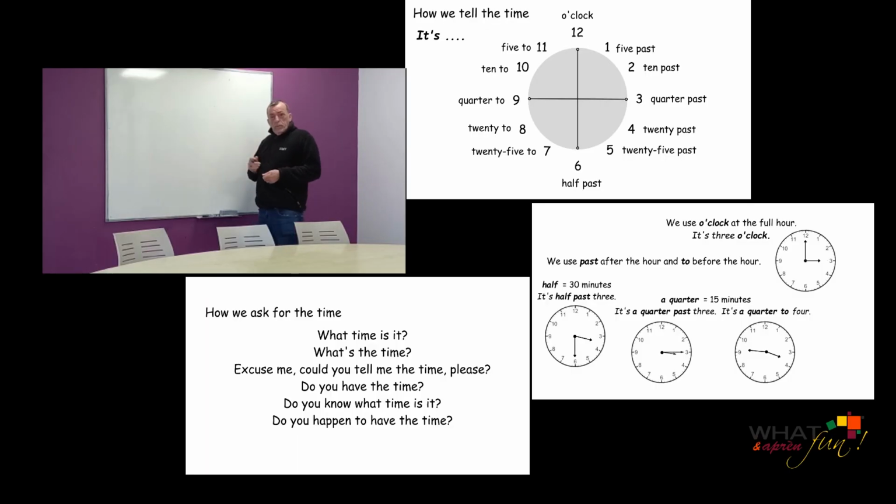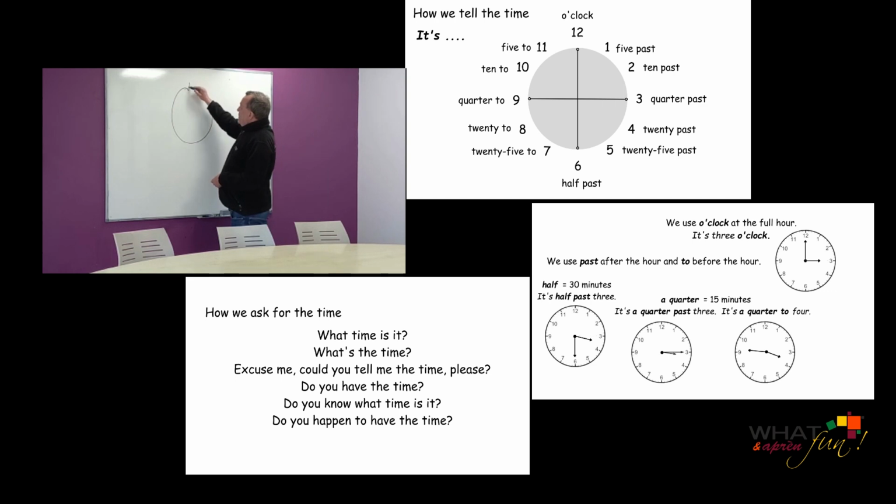Hello and welcome back to the second part with regard to telling the time. Quick recap on the last video lesson. We had the clock and we were saying about the time using the o'clock.